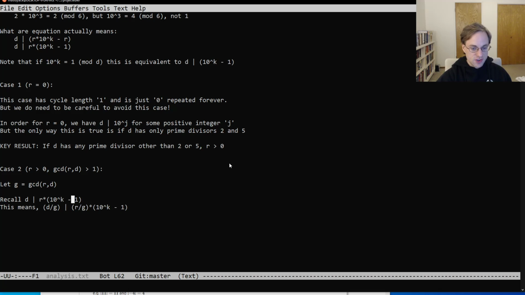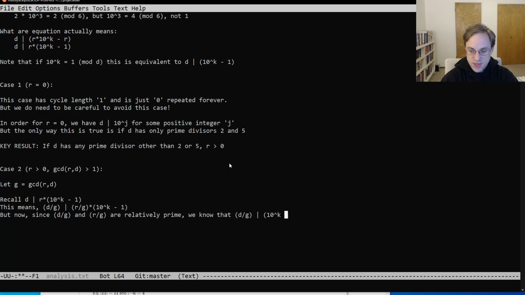You can think of this just as a fraction, with the denominator and numerator, and you're just dividing out the common divisor from the top and bottom, essentially, to get this statement here. But now, since d over g and r over g are relatively prime, we know that d over g divides 10 to the k minus 1.